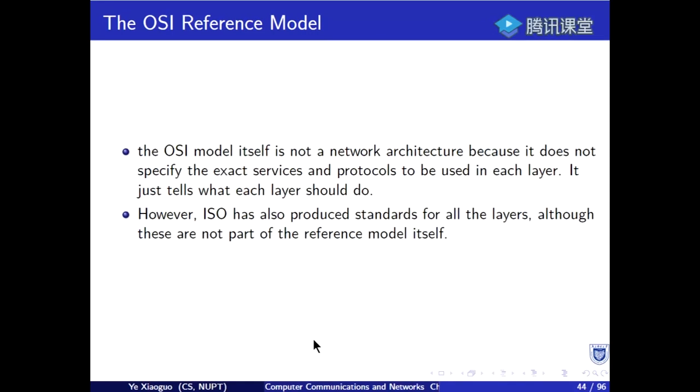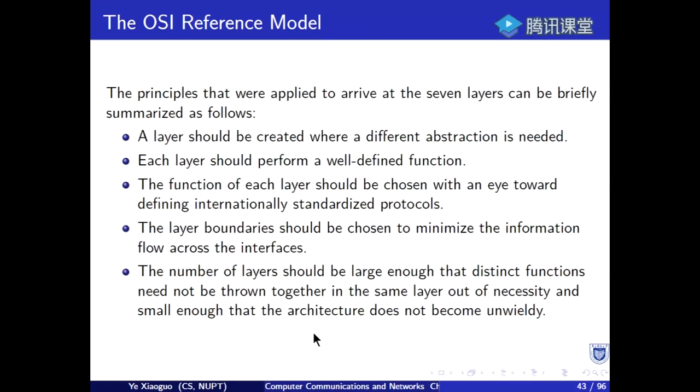The last point is the number of layers should be large enough that distinct functions need not be thrown together in the same layer out of necessity, and small enough that the architecture does not become unwieldy. Why?